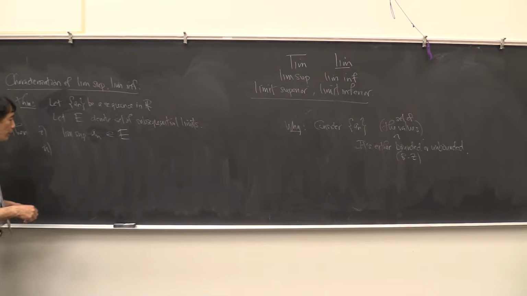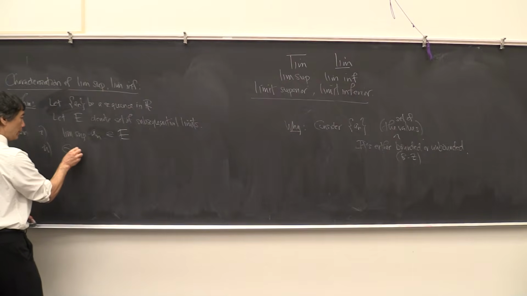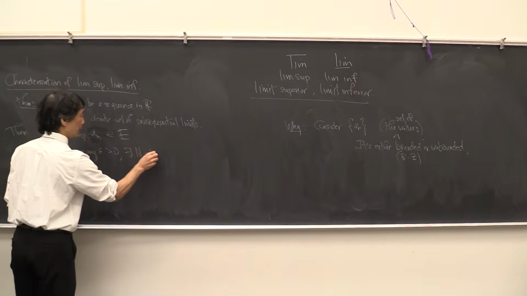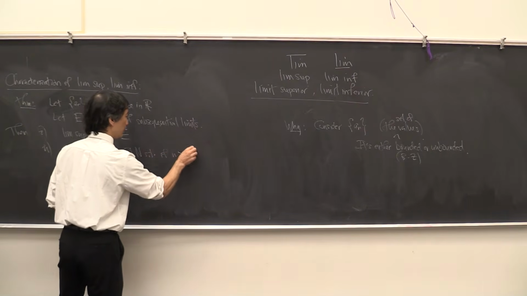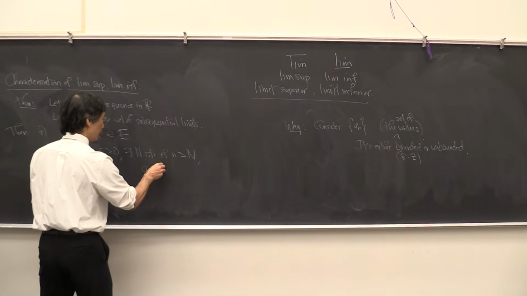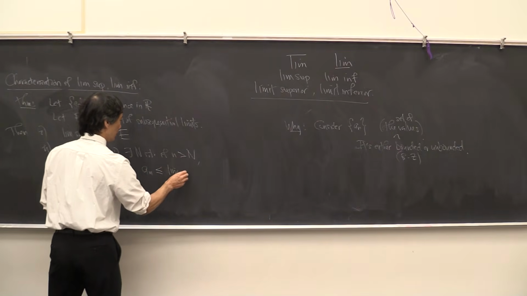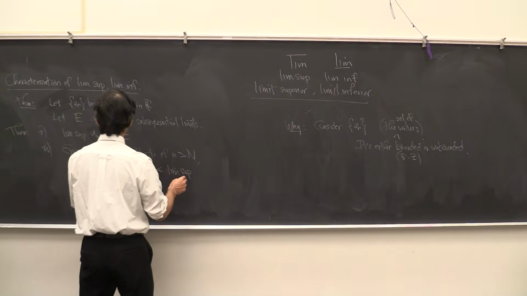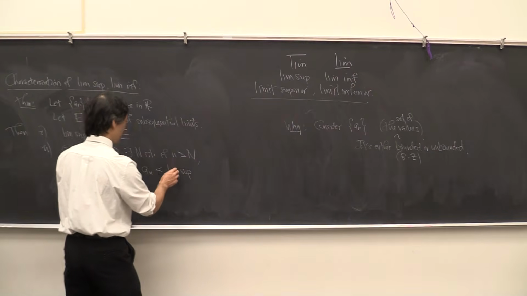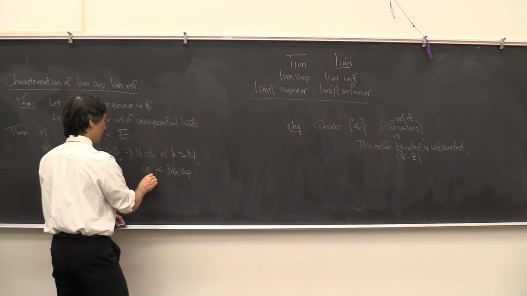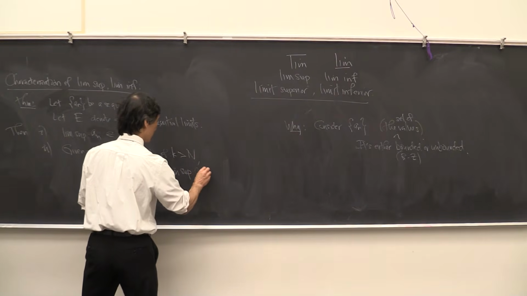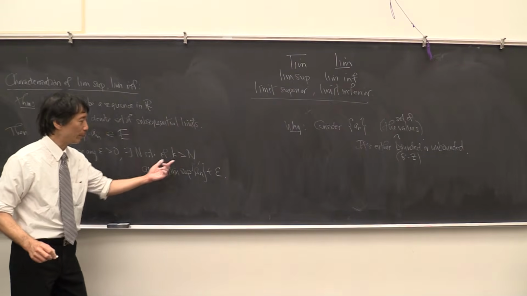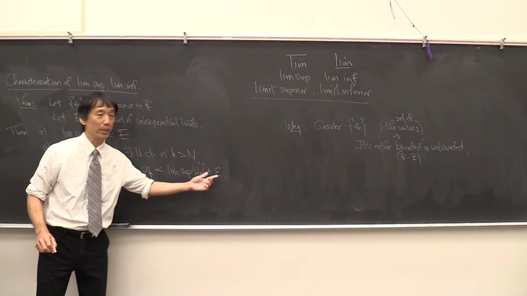And two, given any epsilon, there exists an n such that if k is bigger than n, then a sub k is less than the lim sup plus epsilon. Everybody past that point is less than the lim sup plus epsilon.